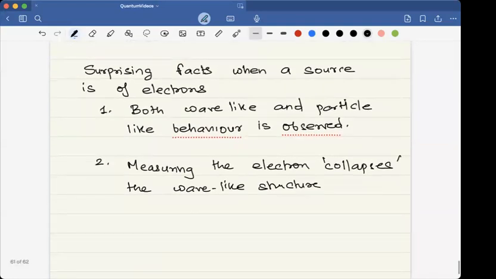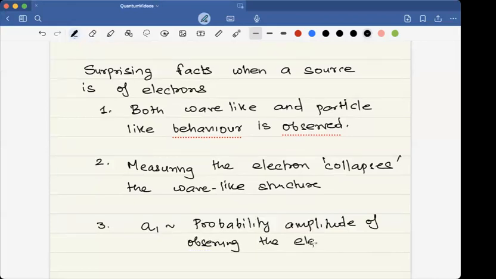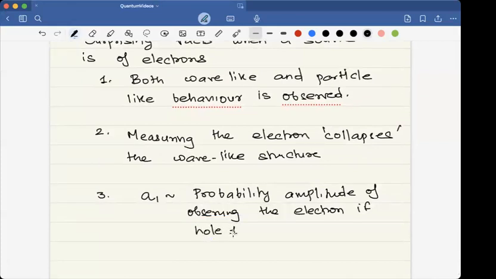One of the ways to make sense of this is that, instead of probabilities, now we have probability amplitudes. Let me call A1 the probability amplitude of observing the electron if hole 1 was open.